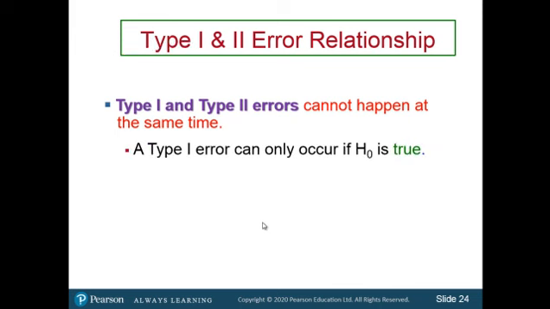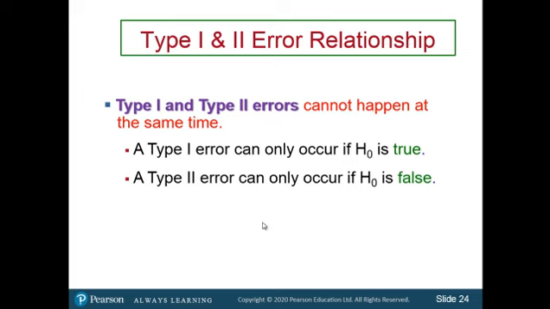Type 1 error can only occur if the null hypothesis is true, so we reject it. Remember, type 1 error is where we reject a true null hypothesis. Type 2 error can only occur if the null hypothesis is false, but we fail to reject.